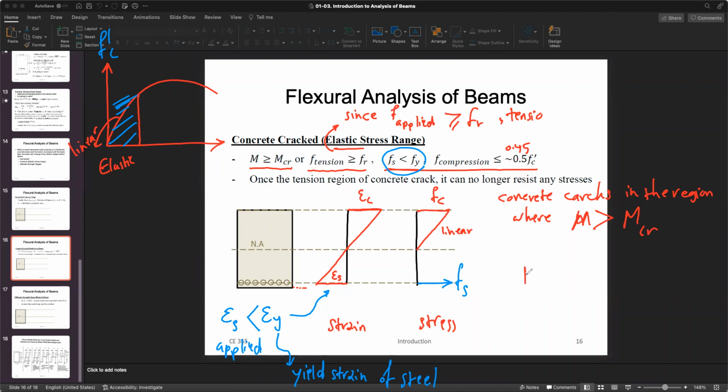Let me show you a concrete beam. All right. This concrete beam is under distributed load.